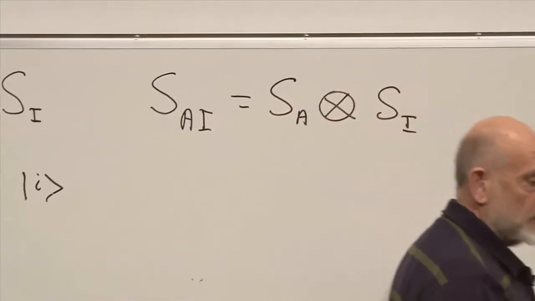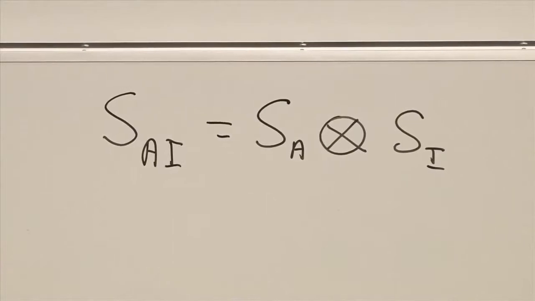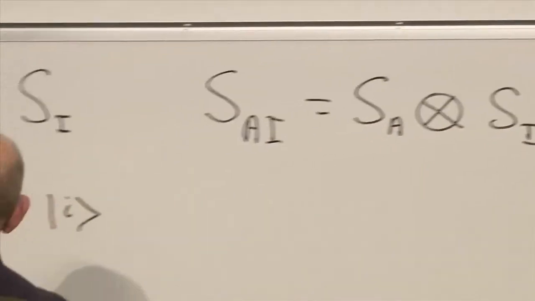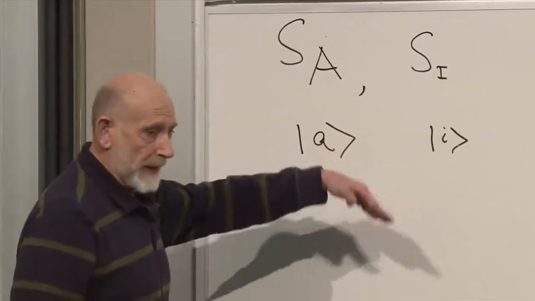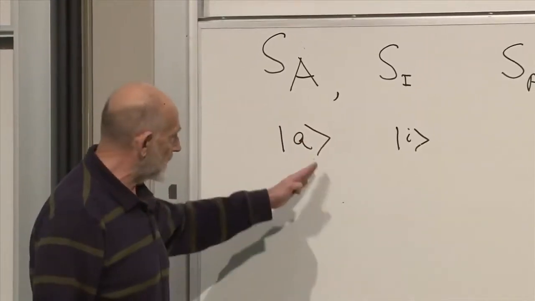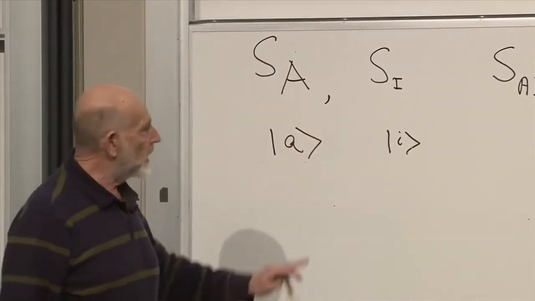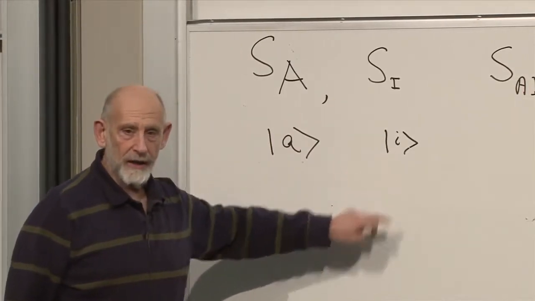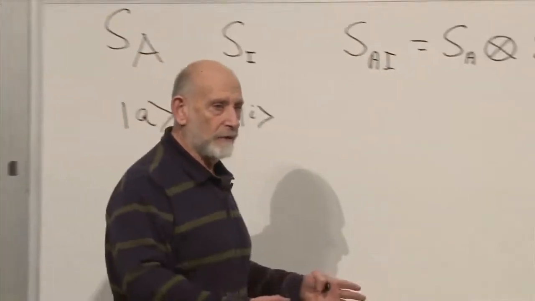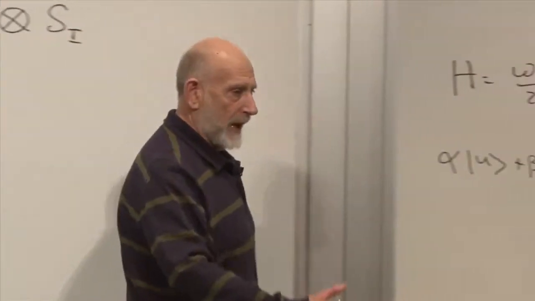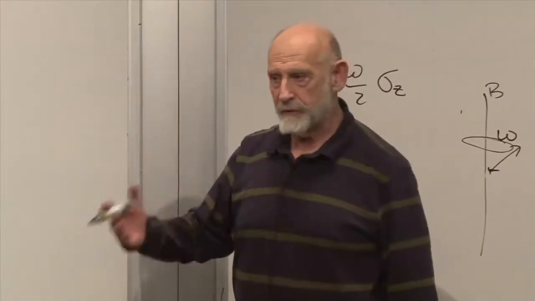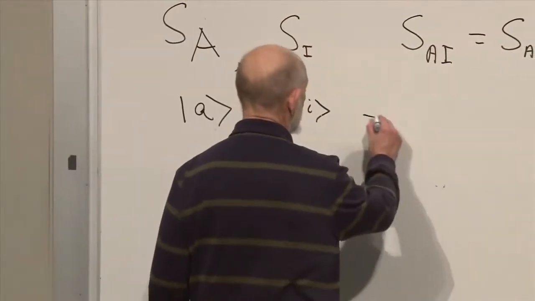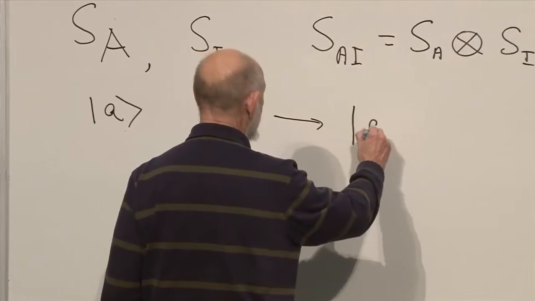Now, what does a tensor product mean? Well, it means something very simple. It means you construct a new mathematical space, whose vectors are labeled by a value of A and a value of I. In other words, you pair off the basis vectors in all possible pairings, one from A, one from I, and you construct a basis which is labeled AI.